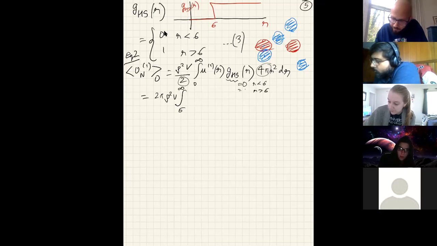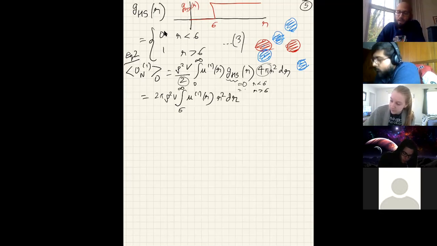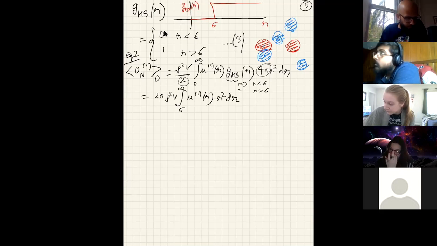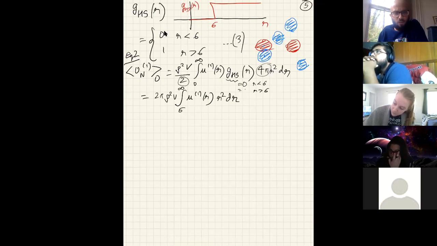And we are left with u1 of r square dr. So if at this point we had assumed a model for u1 of r, then we could do this integral without any problem and life would be very simple. What we are going to do now is to leave our u1 of r generic, because we want it to be very, very generic, so you can apply it to any particular pair interaction you have.